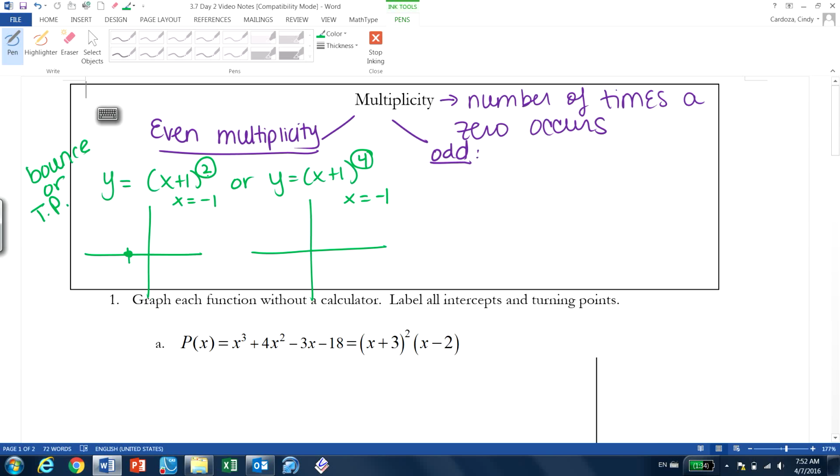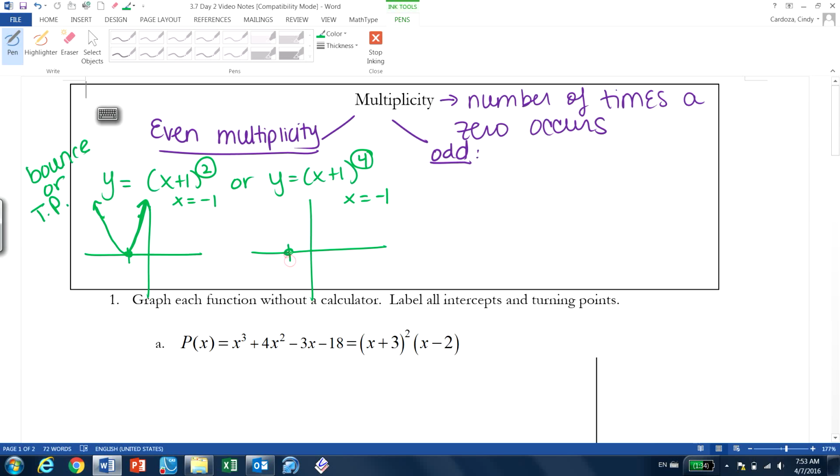So I'm going to come down. I know that this is a parabola, right? So I know that my end behavior looks like this. But when I come down, instead of going straight through the x-axis, it's almost like a lava line. Like I hit, and then I go quickly back, bounce back up to the top. Okay? So instead of going through that x-axis, I just went straight up.